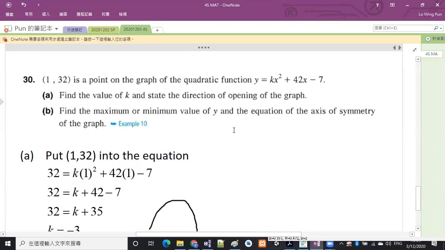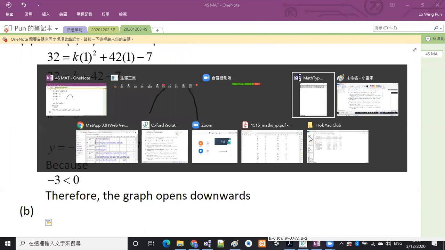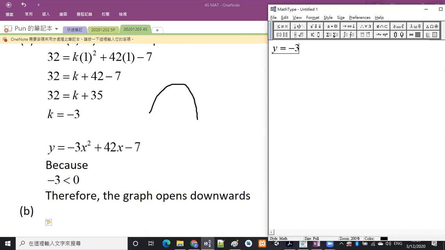When we are going to find something about the maximum or minimum value and the axis of symmetry, then we need to change from the ABC form to the AHK form. So let us do the method of completing the square.